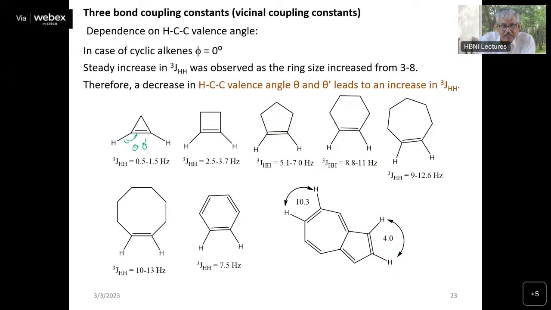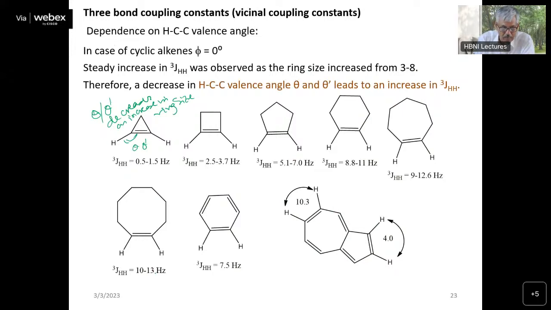Theta and theta dash decrease as you increase the size of the ring. You can see very clearly there is an increase in coupling constant.